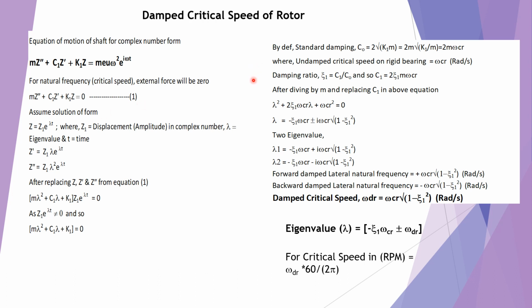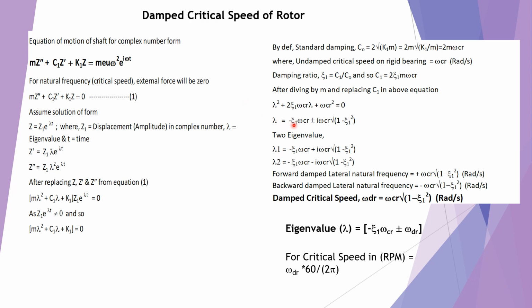So damping ratio zeta 1 is equal to c1 upon c0, and so c1 is equal to 2 zeta 1 m omega cr. After dividing by m and replacing c1 in the above equation, we can write lambda square plus 2 zeta 1 omega cr into lambda plus omega cr square is equal to 0.